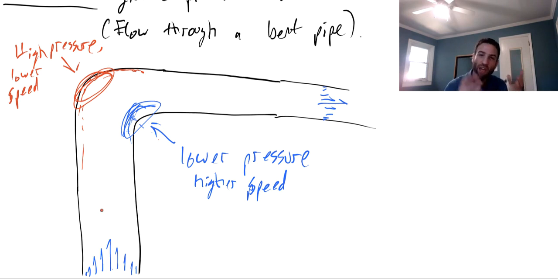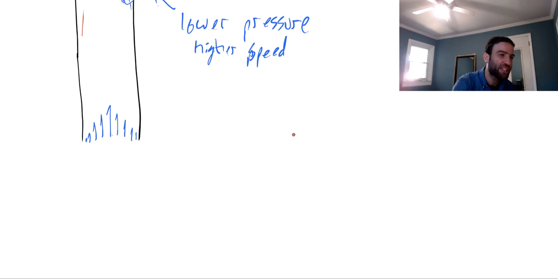One way to help remember this back and forth between changing pressure and changing speed is to invent a fictitious new type of potential energy, a pressure potential energy that works for fluid flows, right?